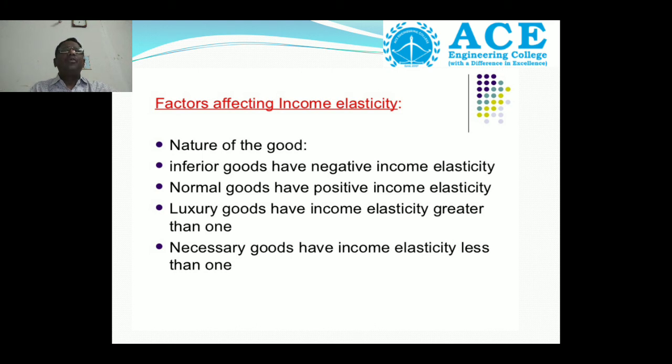Normal goods have positive income elasticity, that means what we consume in our day-to-day life. Luxury goods have income elasticity greater than 1. When income increases, the demand for those products also increases. Examples: car, gold, jewelry, platinum; all of these come under luxurious goods. Necessary goods have income elasticity less than 1.